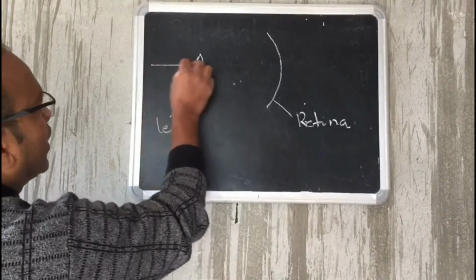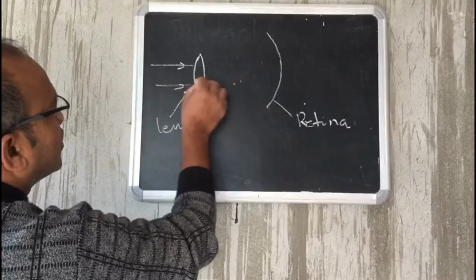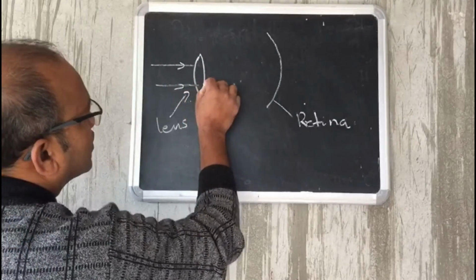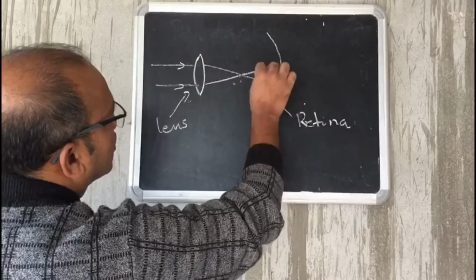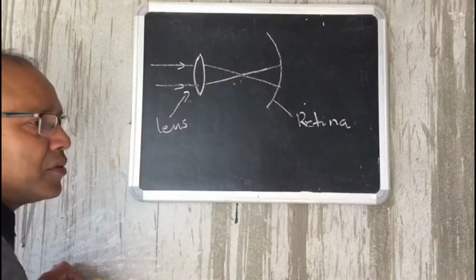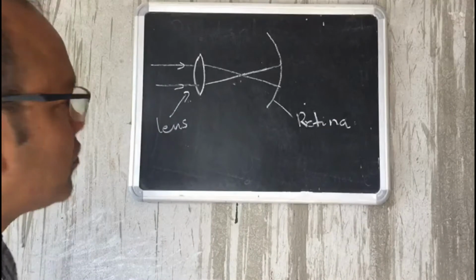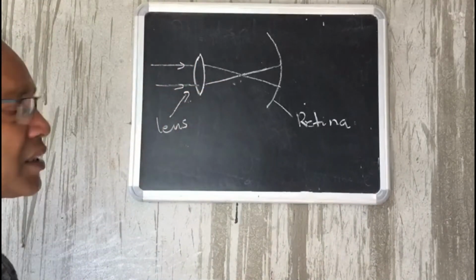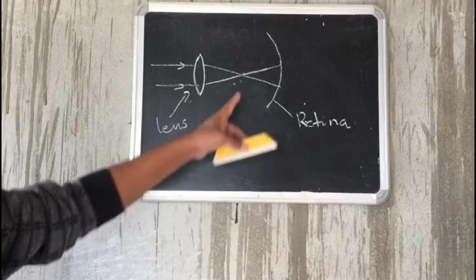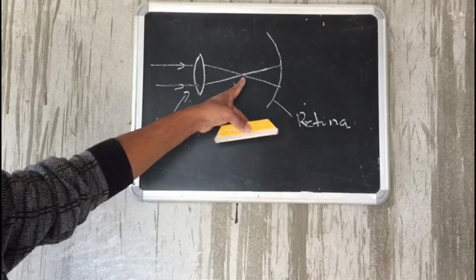Now, the light enters through the lens and it is converged by the biconvex lens, but it falls before the retina.